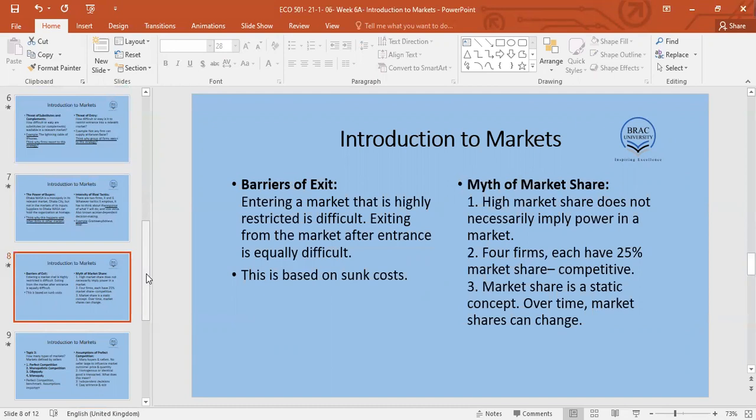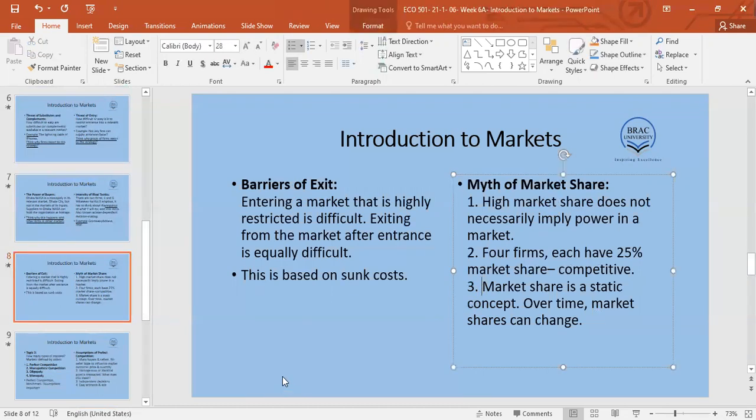Each firm has 25% of the market share. In this case, there is fierce competition. Nobody actually has any kind of market power. Similarly, I may have a very little market share in the entire Dhaka city as a grocery shop, but a big market share within my relevant market. Again, the concept of the relevant market comes back to us.